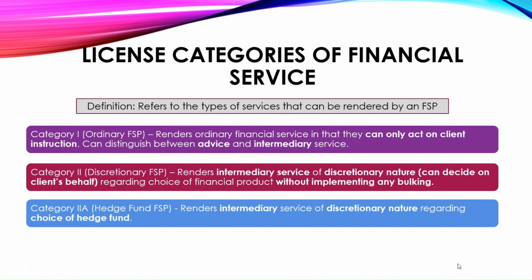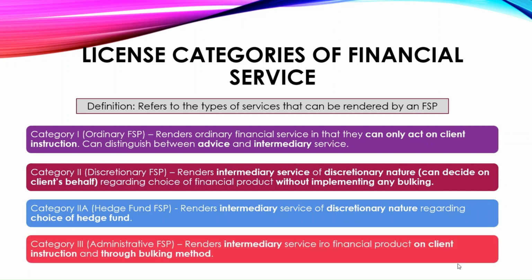However, it is quite specific in that it deals with hedge funds. So very similar to category 2. Category 2 is a lot broader. Category 2A is a lot more specific in that it is like a discretionary FSP, but dealing in hedge funds.